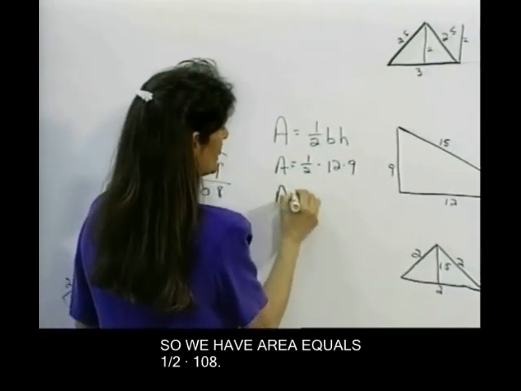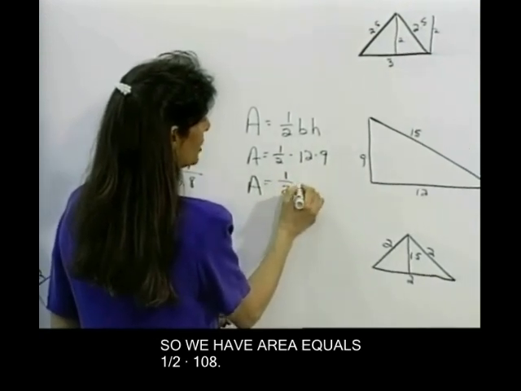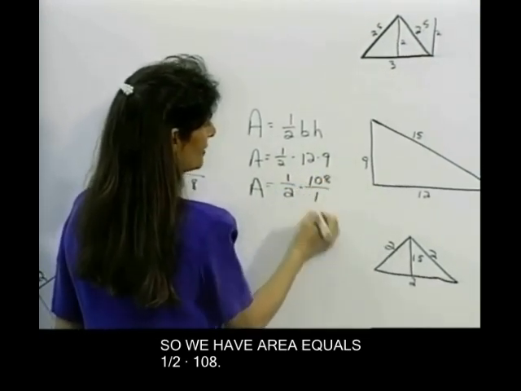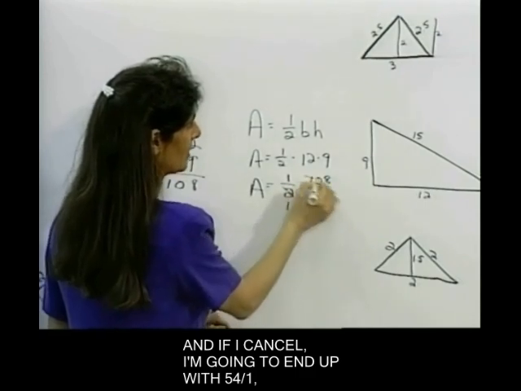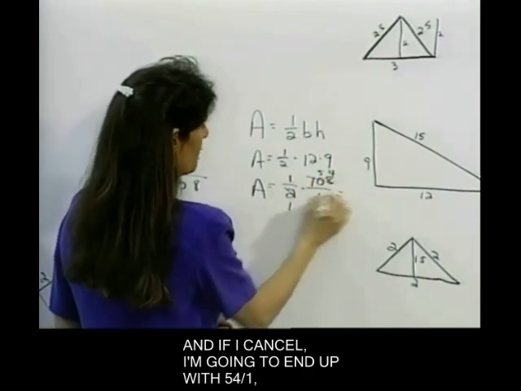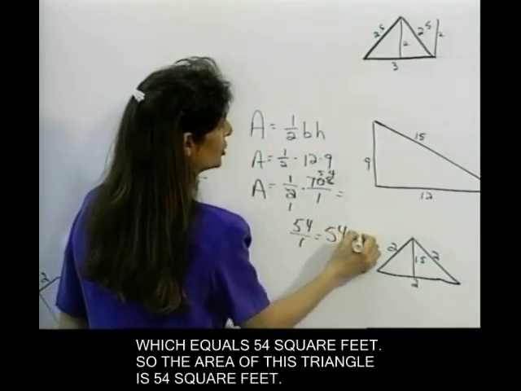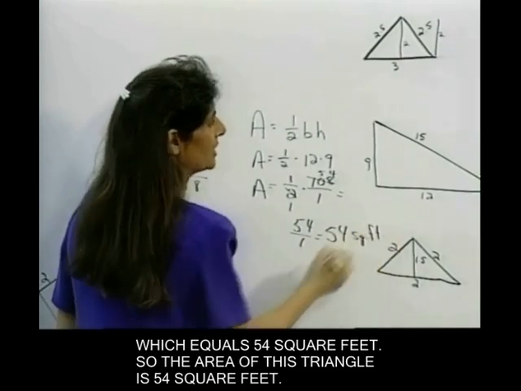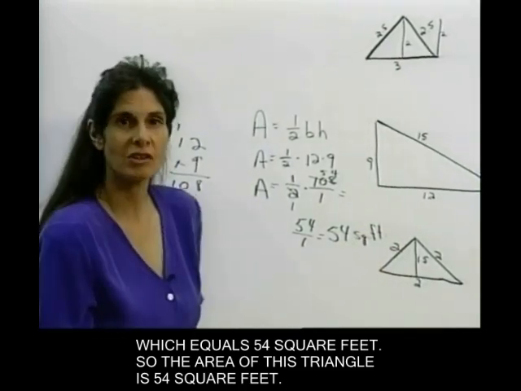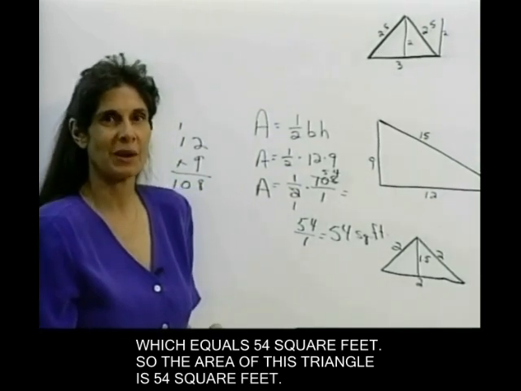So we have area equals 1/2 times 108. And if I cancel, I'm going to end up with 54 over 1, which equals 54 square feet. So the area of this triangle is 54 square feet.